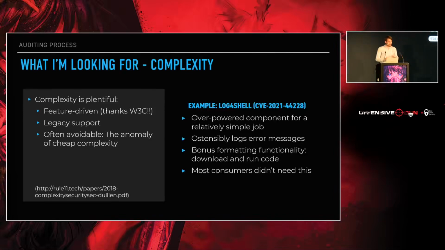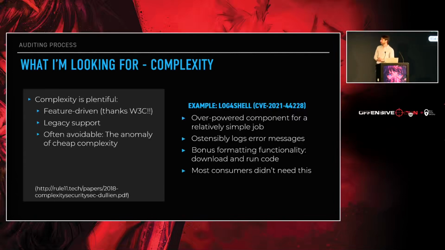And sometimes it's difficult or impossible to disable those features, and sometimes you don't even know about them. We all saw the log4j vulnerability that came out, which is a good example of this. Essentially everyone was using the same library, which was a bit of an overpowered component for what it was supposed to achieve. Basically it just logs error messages, right?